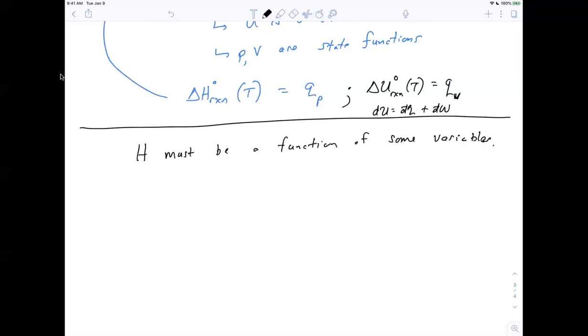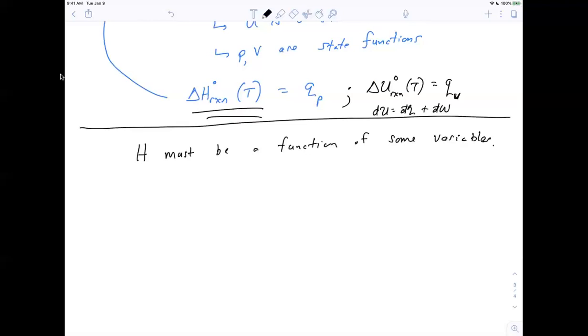Okay, so getting back to this idea that H must be a function of some variables. Well, temperature is obvious. We need to include temperature, and I've intimated that using expressions like this, that H has to be some function of temperature.